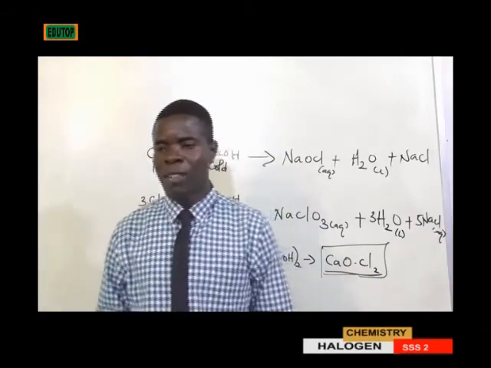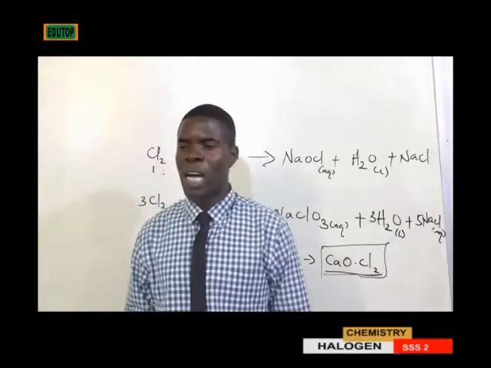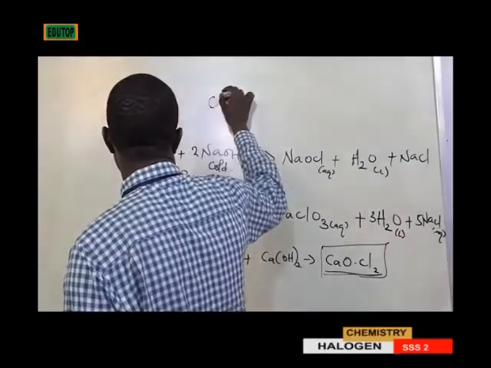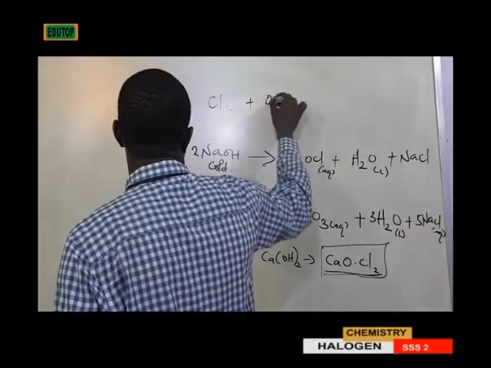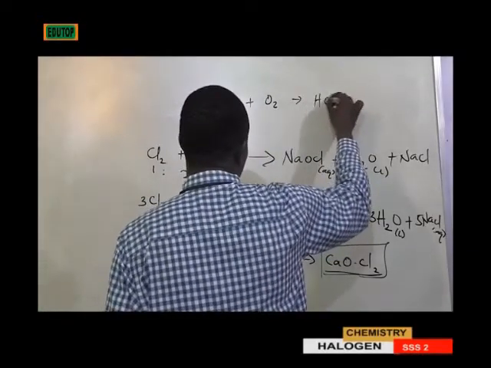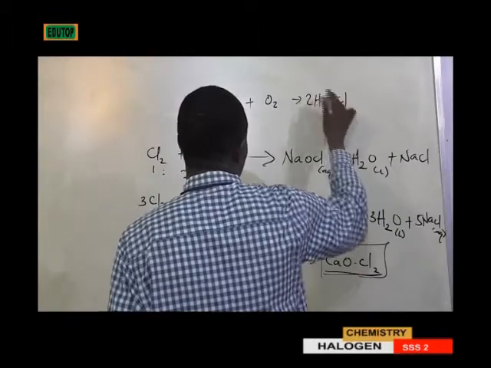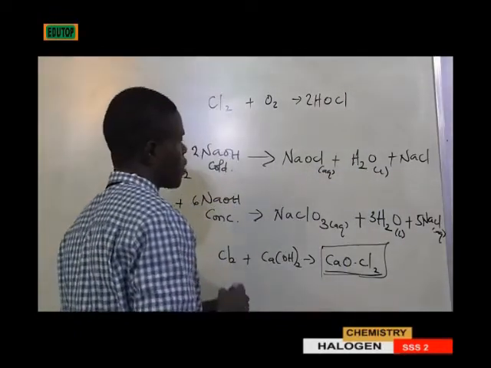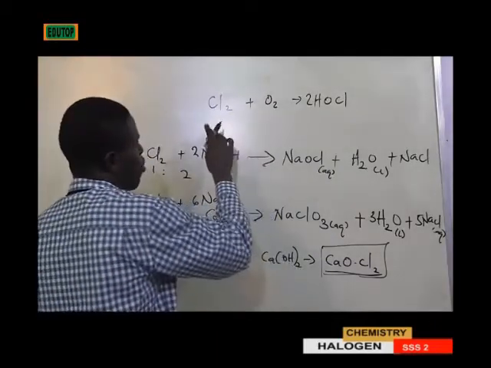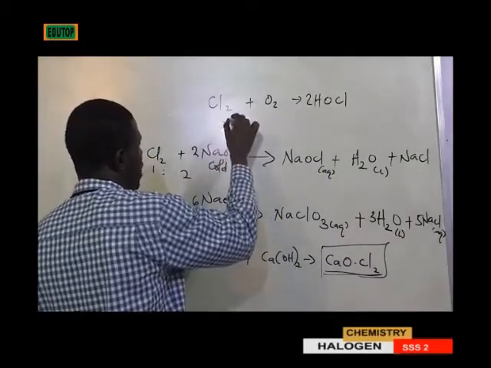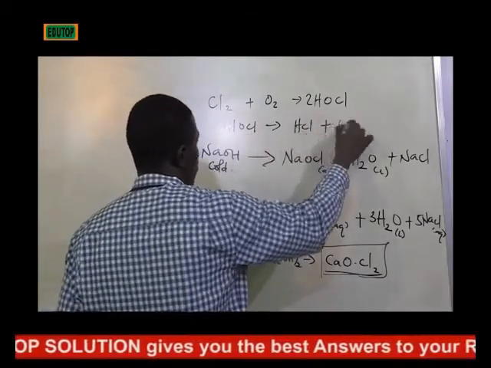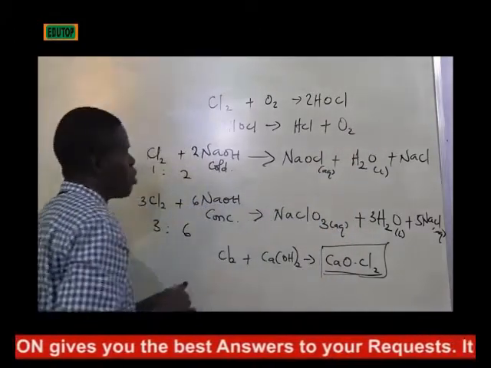Now, the answer to question number 1. When chlorine is exposed to the atmosphere, as oxygen will interfere with it, you have the production of oxochlorate(I) acid. Then, when this is exposed to sunlight, you have hydrochloric acid plus oxygen produced in the process.